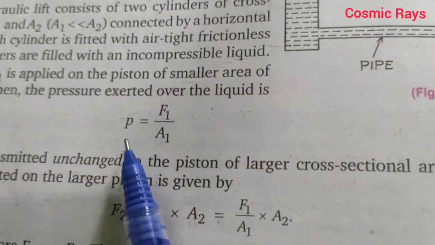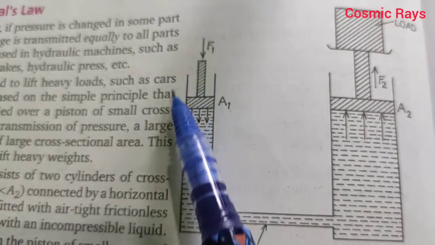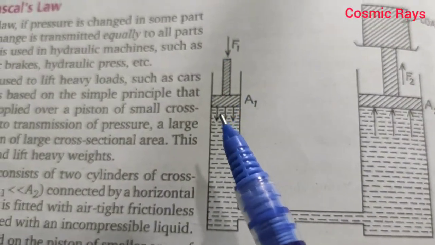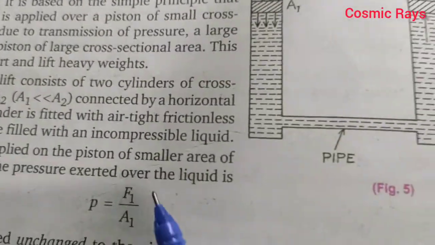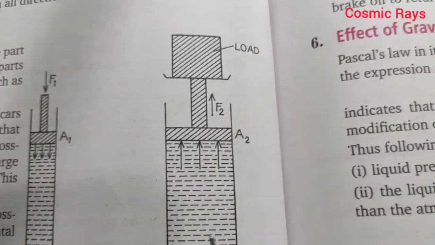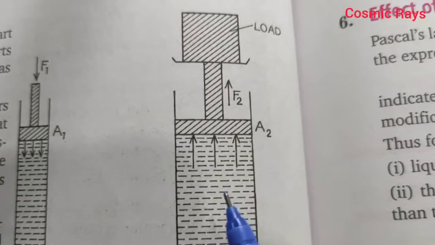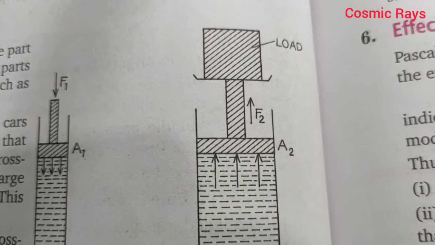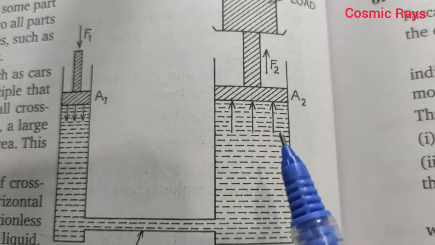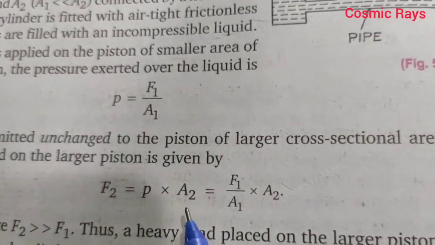Now the mathematical part is, the pressure is equal to F1 by A1. We are talking about the pressure for this column where we need to apply smaller force. So that will be equally transmitted to the larger area, that is A2, and this fluid will exert an upward force, so that F2 will be P into A2, that is pressure into A2.